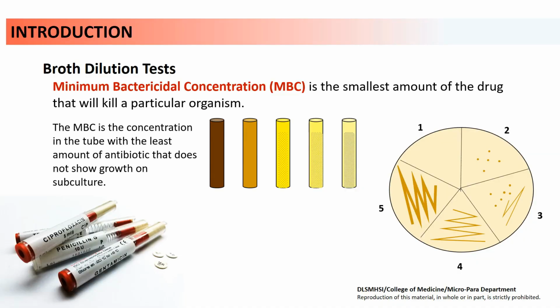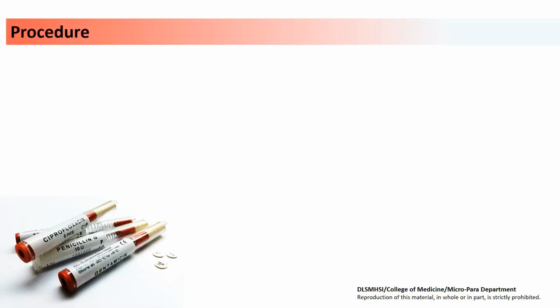The MBC is the concentration in the tube with the least amount of antibiotic that does not show growth on subculture. Therefore, the concentration in our first tube is the minimum bactericidal concentration.